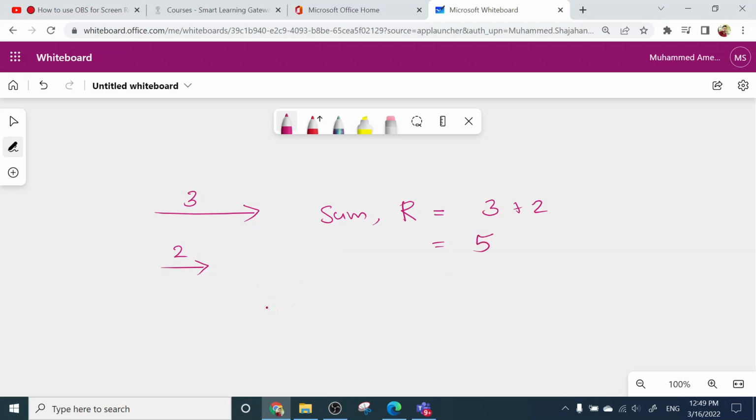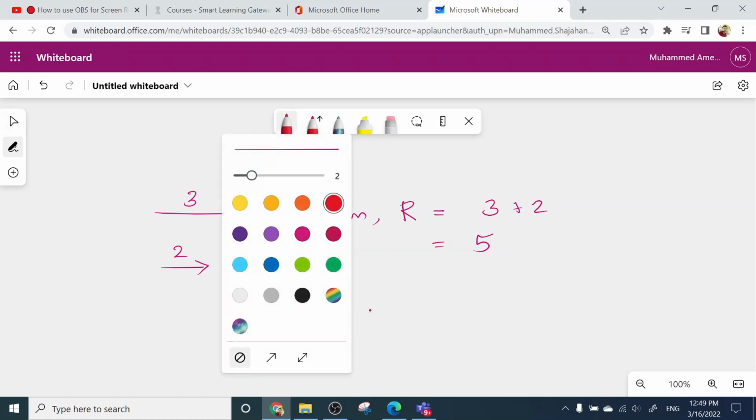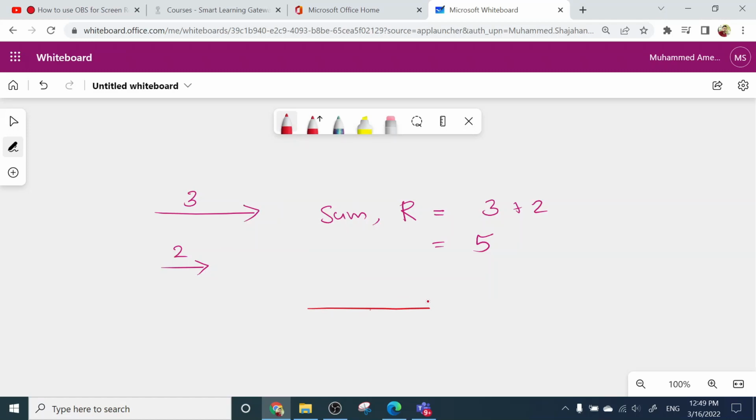Then if two vectors are in the opposite direction, for example, we have a vector whose magnitude is 7, and another vector whose magnitude is 3, but they are in the opposite direction. Then what will be the resultant, meaning the sum of these two vectors? So 7, we will add to the other vector.